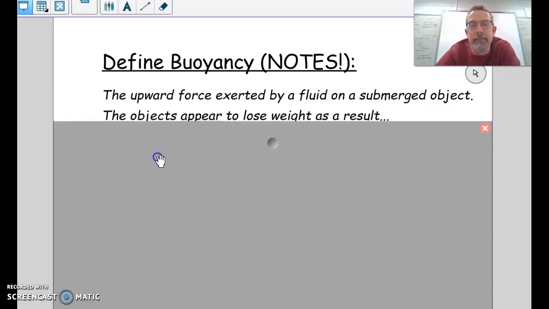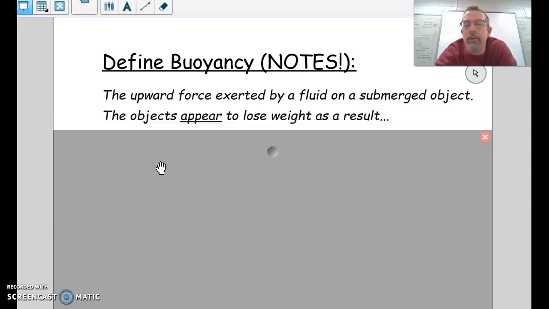So buoyancy is the upward force exerted by a fluid on a submerged object. Doesn't matter what the submerged object is, the fluid that object is placed in will exert an upward force. It doesn't matter what the weight of the object is, the fluid will exert an upward force. And as a result, objects appear to lose weight.